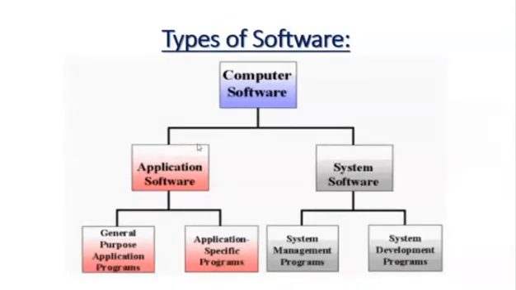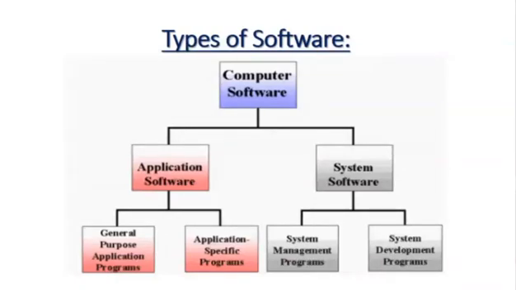We can divide the application software into two parts: general purpose application programs and application specific programs. In the system software, you can also divide it into two parts: system management programs and system development programs.